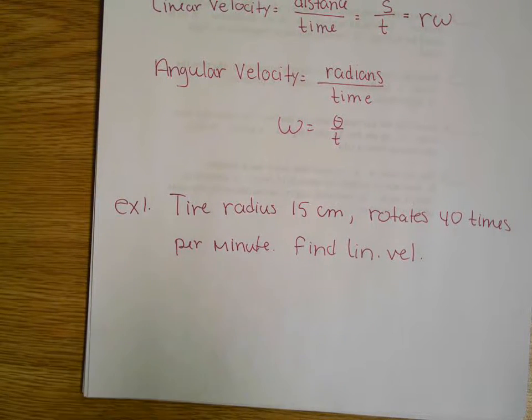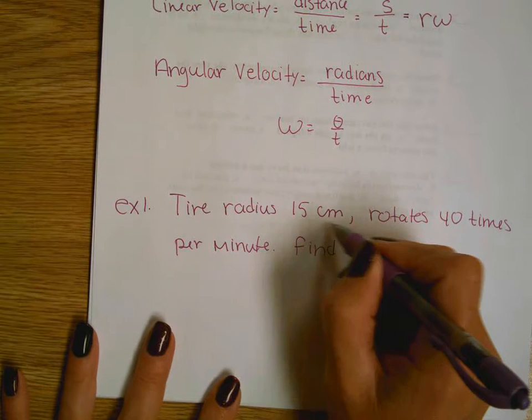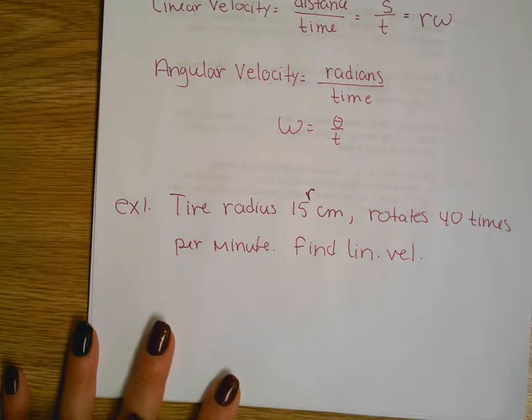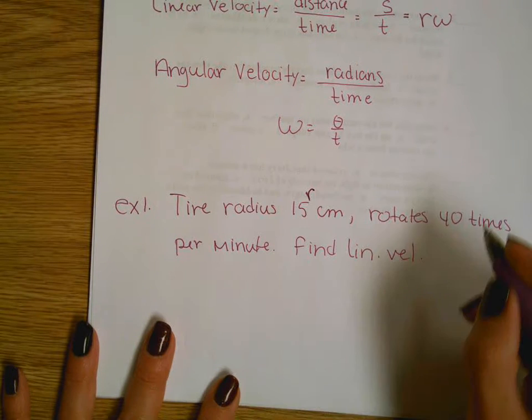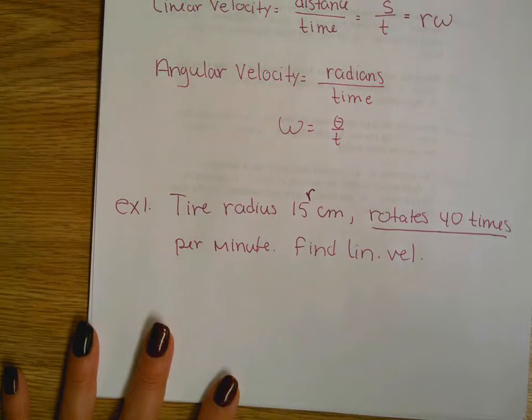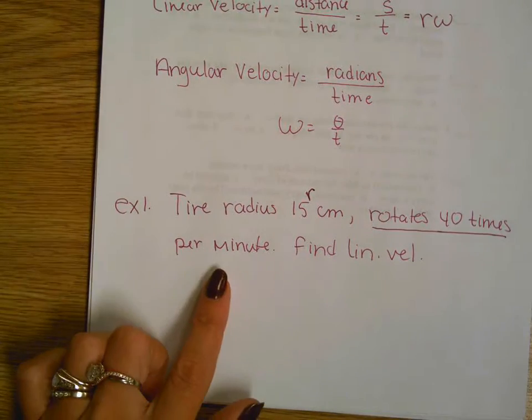Now it's all about going back in and grabbing each piece of information and saying what it's telling us. Radius and time are usually our easiest ones. So obviously radius, we got 15 centimeters. So there's our r value. This rotating 40 times, making 40 complete revolutions per 1 minute, okay?